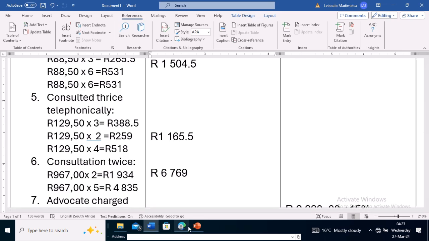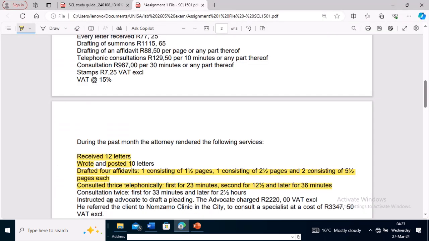Then let's move to the other one, which is advocate to draft a pleading. The advocate charged 2,220, VAT excluded. This was an outside fee. Once you see they state VAT excluded, just know that it is expenses.